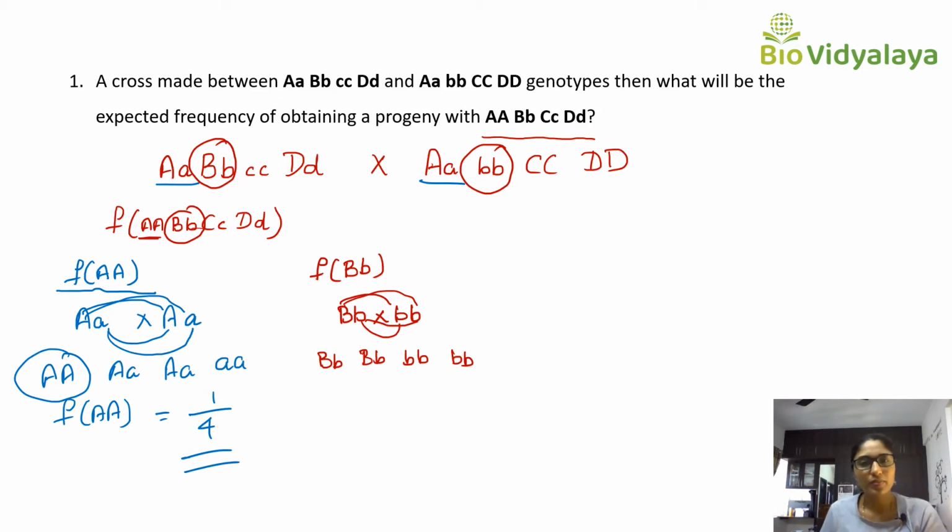So here, what is the frequency of capital B, small b? 1, 2. 2 among 4. That means 1 by 2.